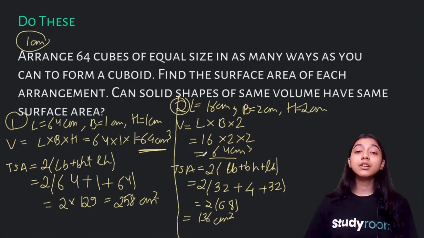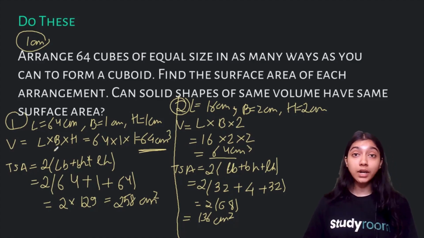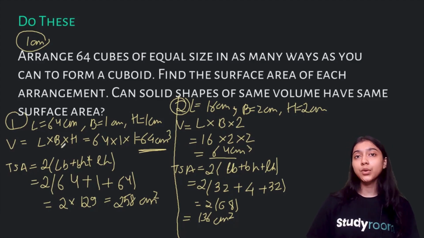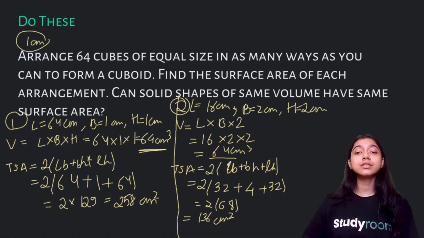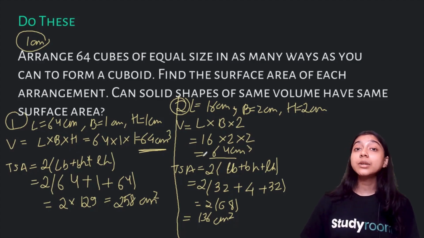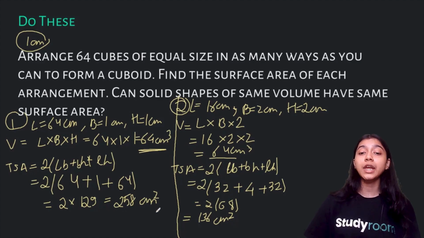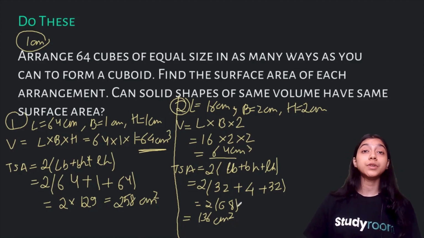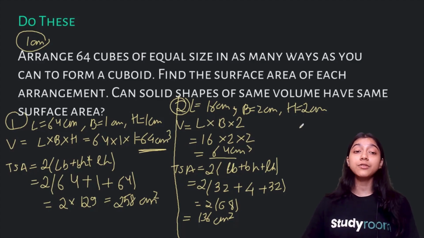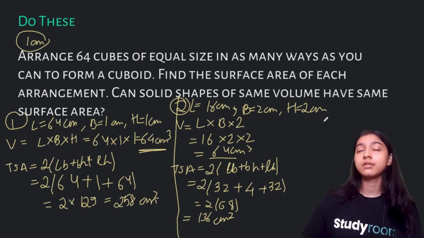So even if solids have the same volume, it is not necessary that their total surface area will also be the same. Over here, in this case the volume is 64, and in this case also the volume is 64. But in both cases, the total surface areas of the cuboids are different. Here it is 258 and here it is 136. So solids having the same volume might have different surface areas as well.